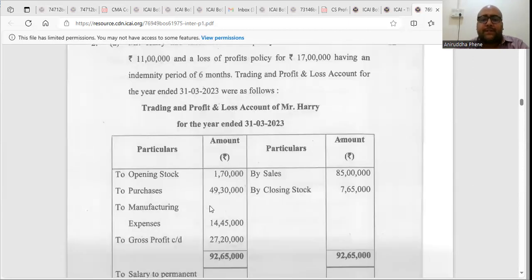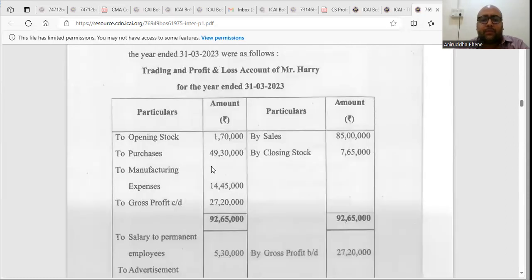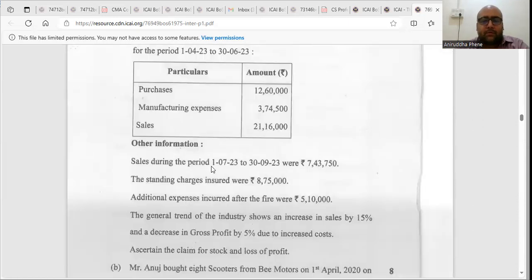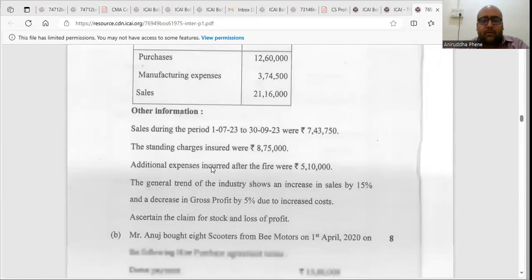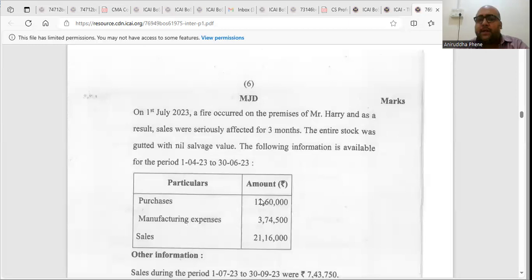Question 2 is fire policy, insurance, 12 marks insurance question. Ascertain the claim for stock and loss of profit. So loss of profit insurance question.